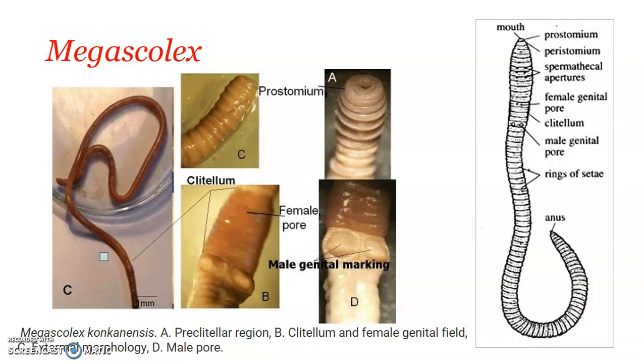Now, what are the different external apertures? One is obviously the mouth opening, anterior at the tip, overhung by the prostomium dorsally. Then we have the posterior-most anal opening.